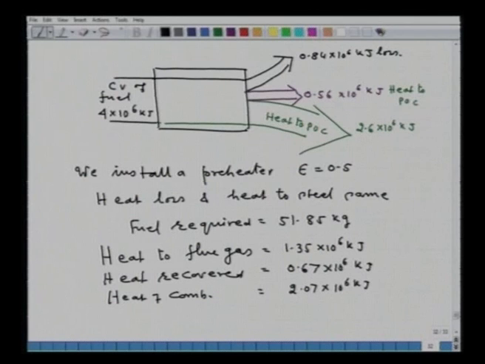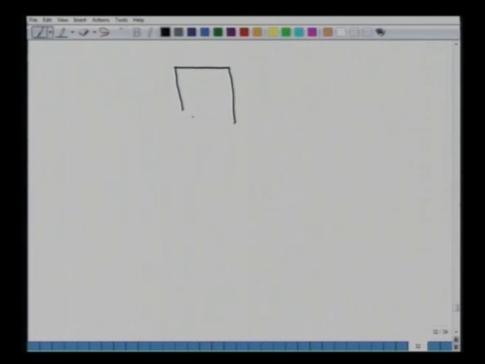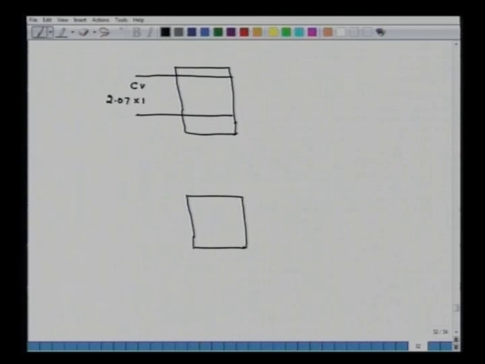Now, for example, if you consider this is a furnace, and here we have the heat exchanger. This is the heat exchanger. Now, this is the calorific value of the fuel, which is now 2.07 into 10 to the power 6 kilojoule.